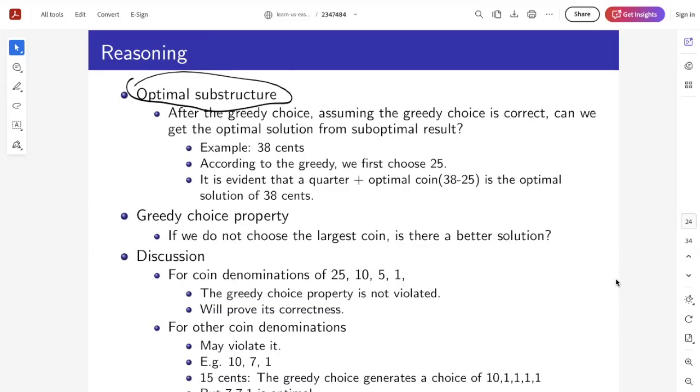So next, we're going to show the greedy choice property, in other words, to show that the greedy choice works. We ask ourselves the following question: if we do not choose the largest coin, is there a better solution?